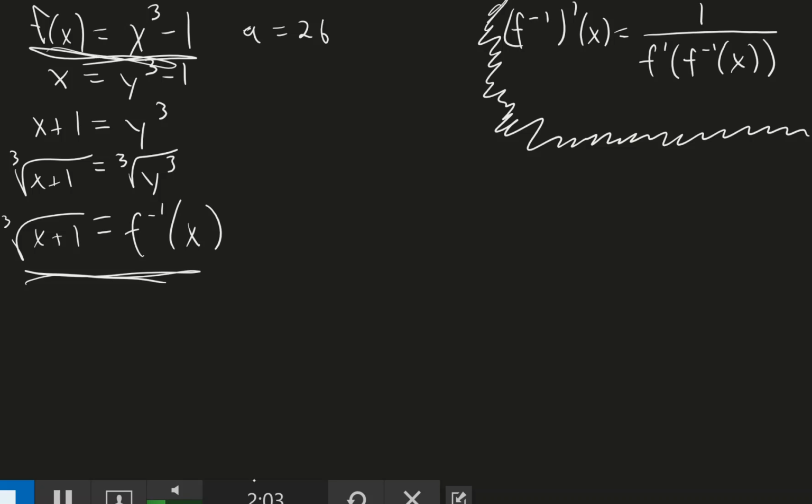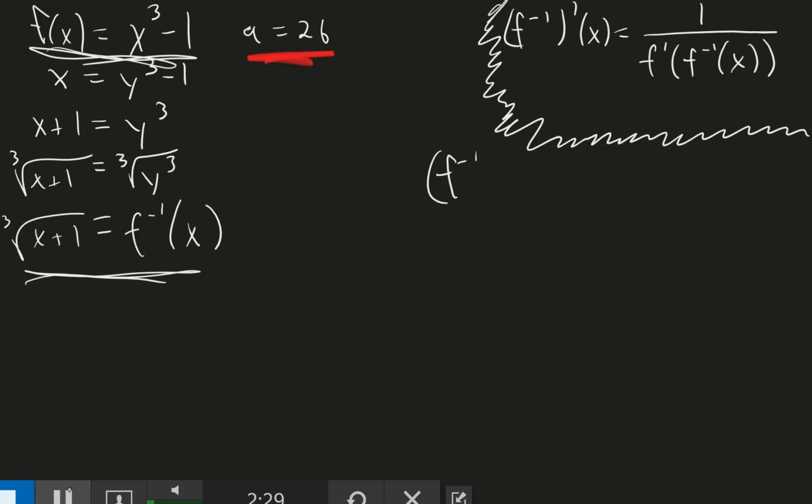Okay, so if you want the derivative of not the function, because that would be easy, but the derivative of the inverse function, we need to divide 1 over the derivative of the function with the inverse function plugged in. So for this particular question, we're actually going to find that, and then we're going to plug in 26.